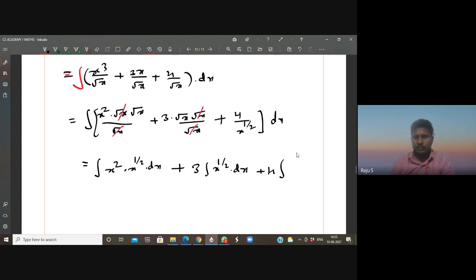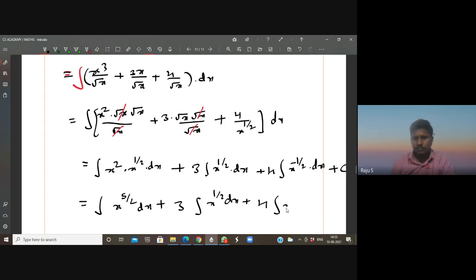For x power 1 by 2, if you take it into the numerator, plus c compulsory. So now the power should be added, 5 by 2. For these two values, you can apply the formula directly. Okay, next case we can apply.